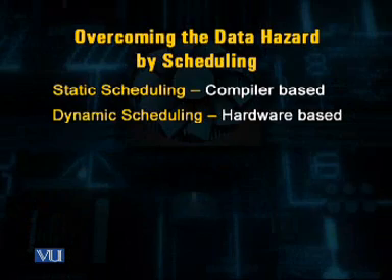Scheduling is a technique where the different stages of the pipeline are organized to perform different operations on the instructions, and also to look if out of order execution is possible.